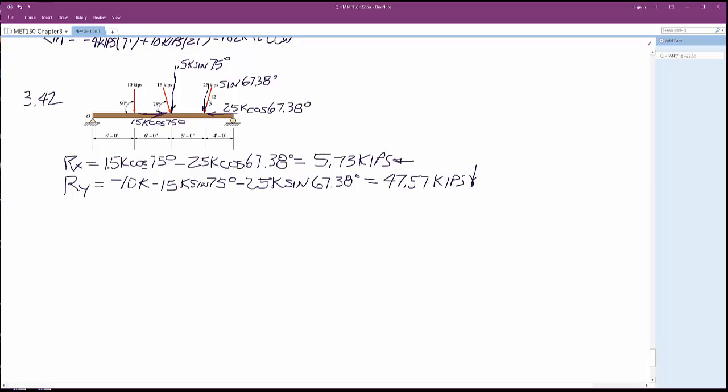Well, then to find the resultant's final force, if you will, magnitude, the resultant force is the square root of the 5.73 squared plus the 47.57 squared. Do the math on that, you should end up with 47.91 kips.